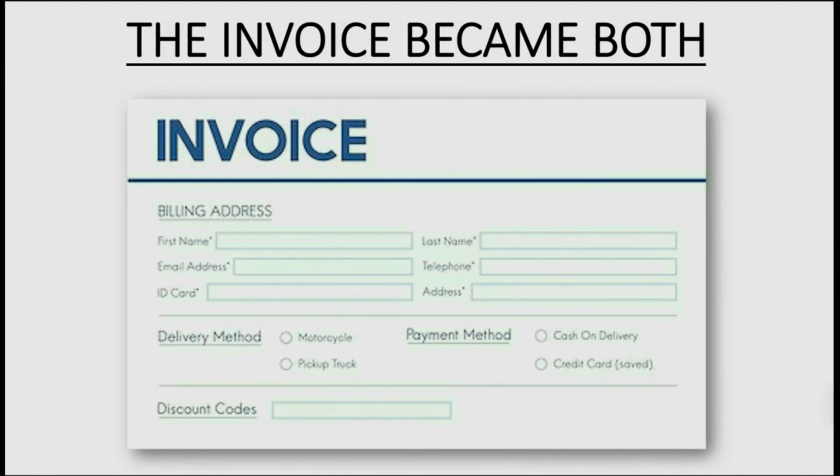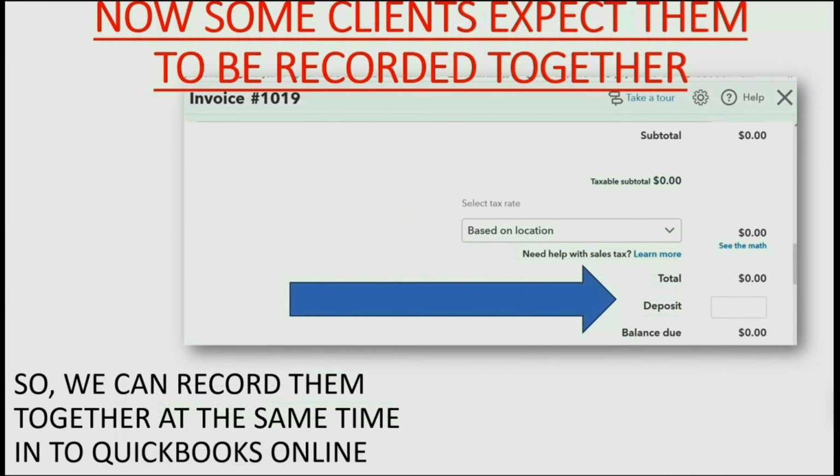So what happened was the invoice became both. It became the formal request for payment and became a receipt that proves that the customer paid some money in advance. So we can record them together at the same time in QuickBooks Online because some clients expect them to be recorded together and received together.